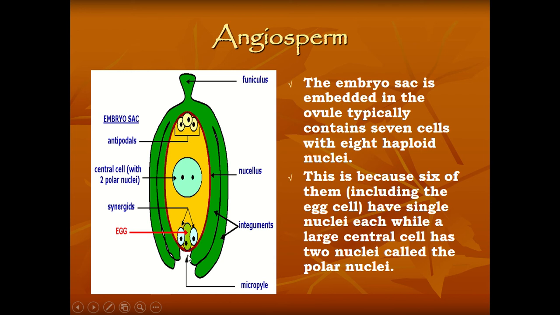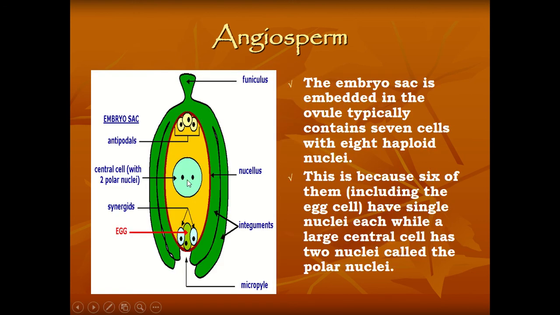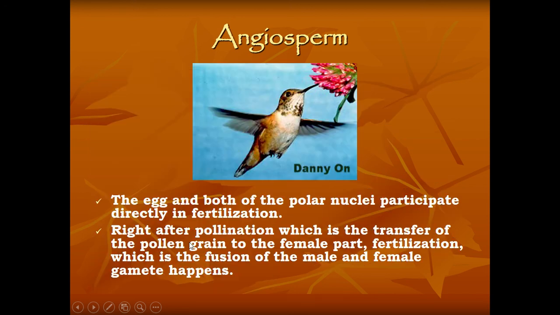This micropyle will be a way for the sperm to access the egg later. The egg and both of the polar nuclei are the ones that will be involved in double fertilization.